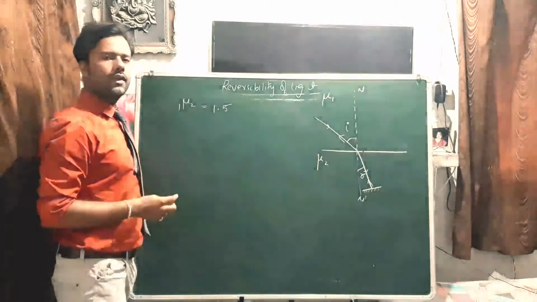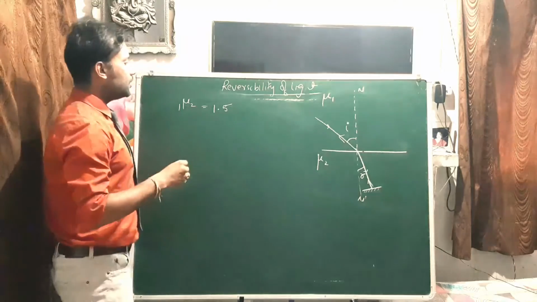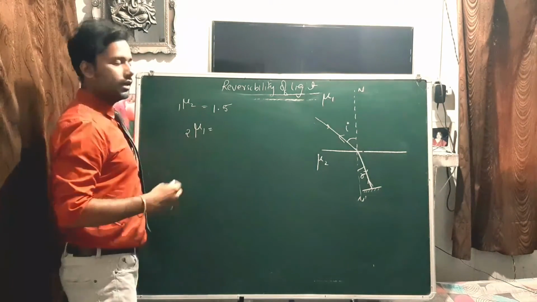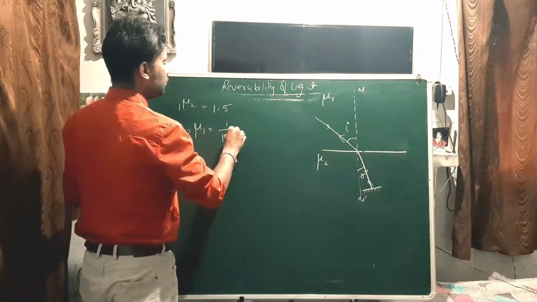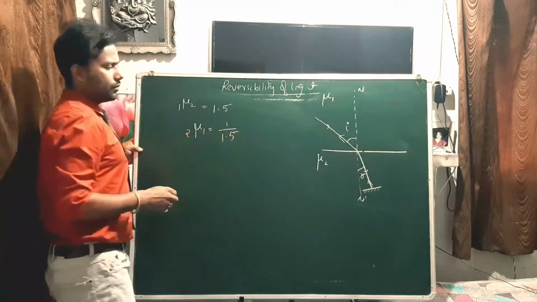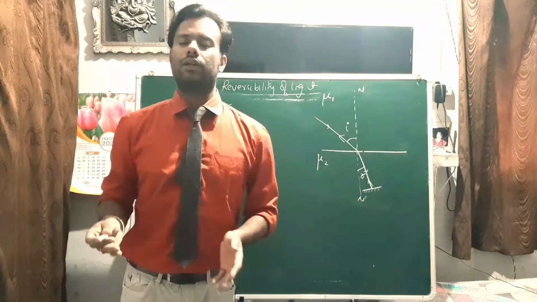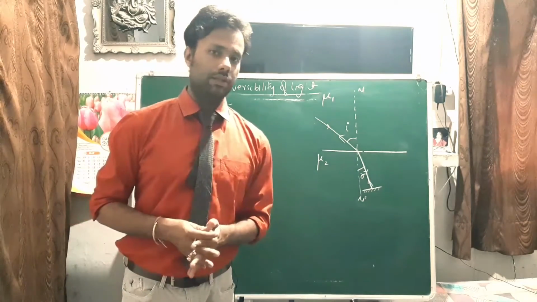It says find the value of the refractive index of medium 1 with respect to 2. That means you have to find the value of 2 mu 1. So how do you find it? Just reciprocate it. So the value will be 1 upon 1.5. So basically this is the result. This result helps you to find out the refractive index of one medium with respect to another medium.